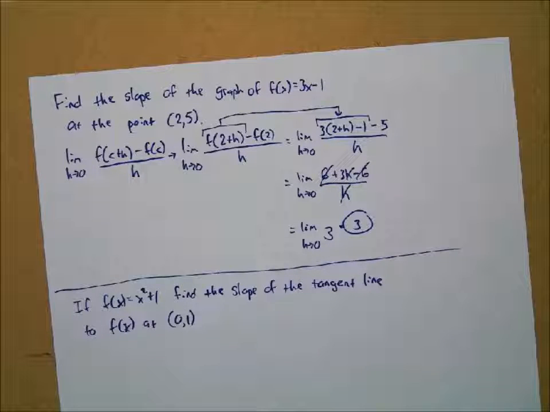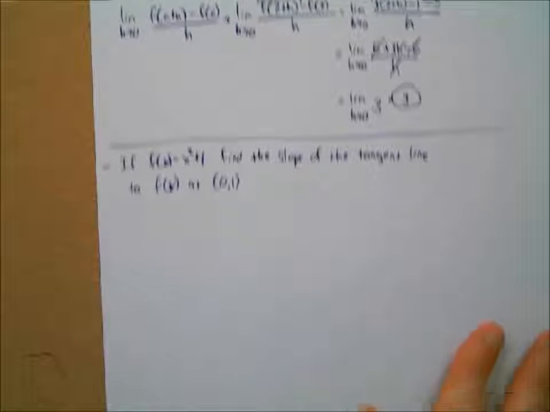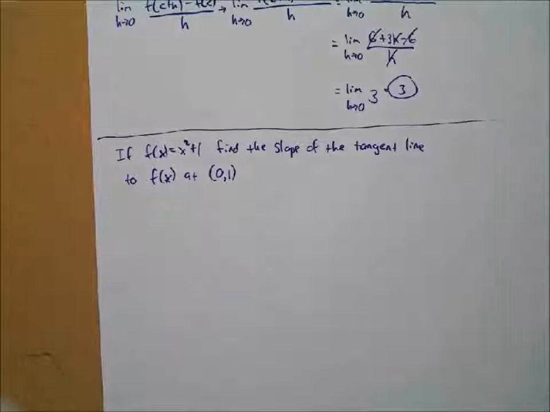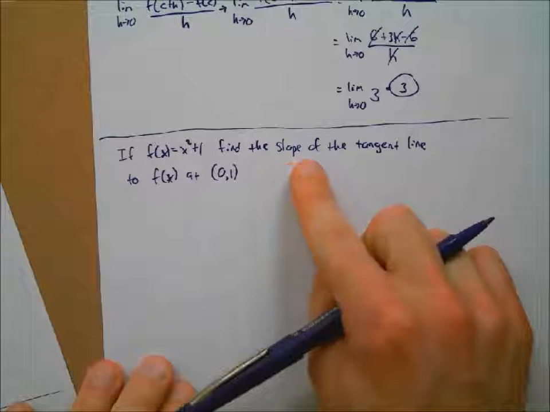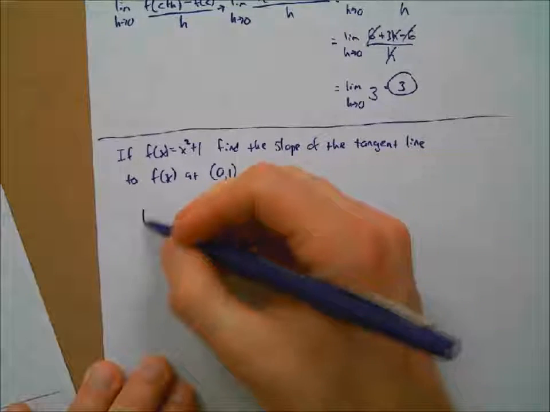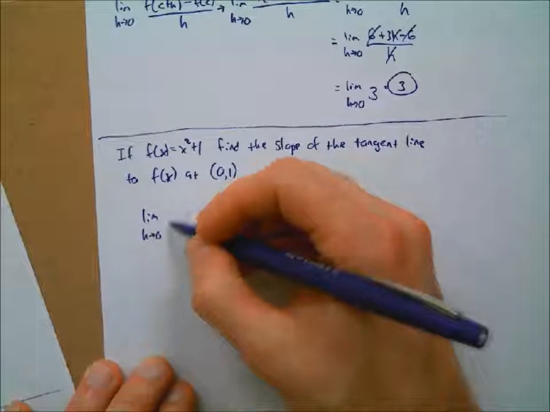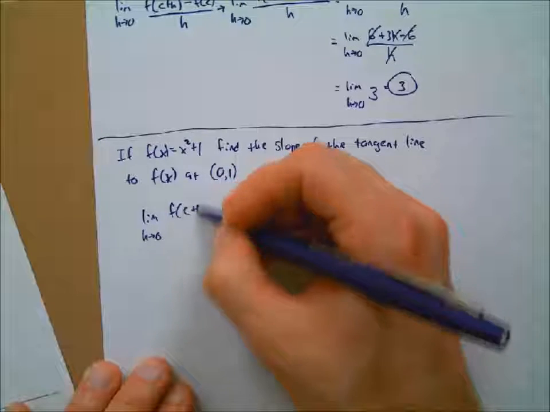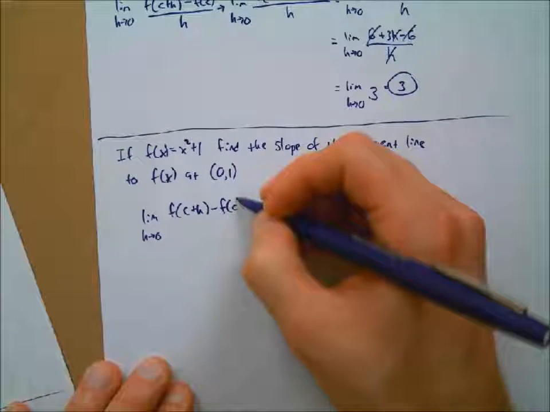Okay. So again, slope of a tangent line. So we're going to use the formula limit as h approaches 0 of f of c plus h minus f of c all over h.